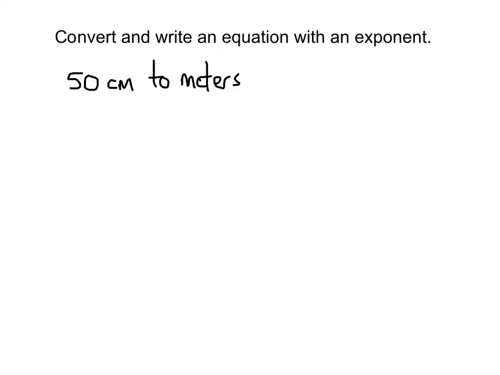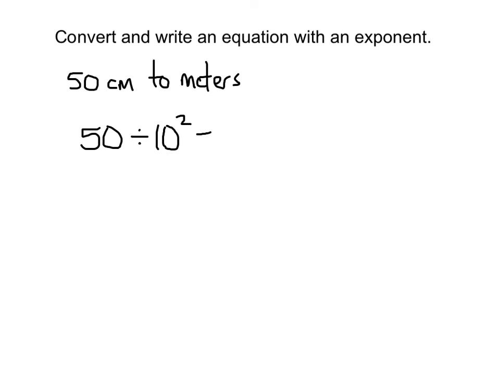So one of your homework problems asked you to do this for a number of examples where you're converting and also writing an equation with an exponent. So if I have 50 centimeters to meters, I know that there's 100 centimeters in 1 meter. So my equation with an exponent is going to be 50 divided by 10 to the second power, because I need to divide the 50 by 100, because it takes 100 centimeters to make a meter.